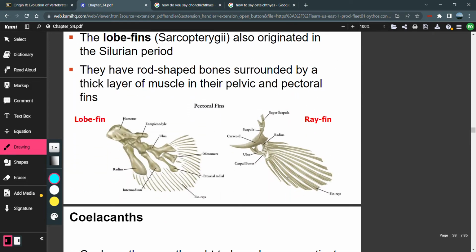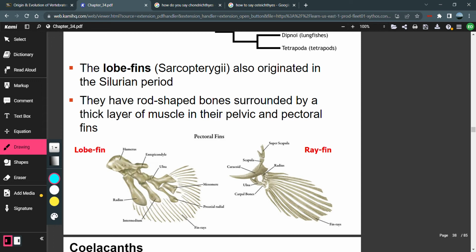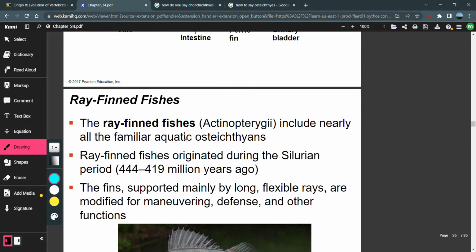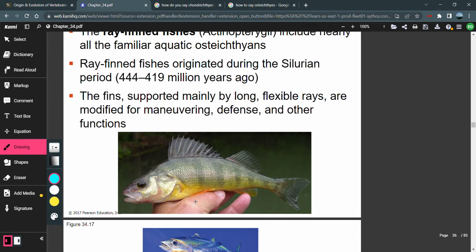So here is our ray fin, the difference between lobe fins and ray fins. Rays have little long rays, while lobed fins are bonier and thicker. An important thing to mention is that lungs formed swim bladders.